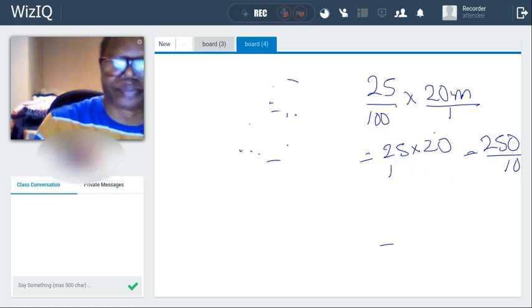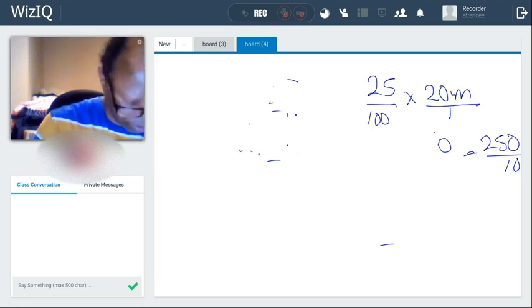A supermarket is reducing the price of its own brand washing powder by 10%. The original price is £2.50. What is the reduced price?